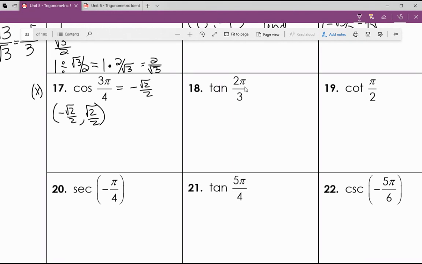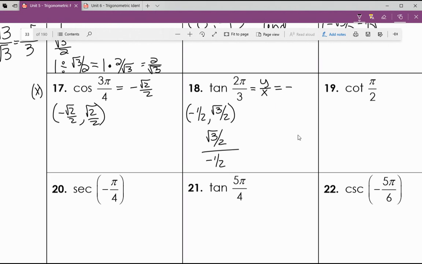So I know tangent is always the y value divided by x. And if I'm using negative 1/2 and radical 3 over 2, I'm going to put radical 3 over 2, which is y, divide that by negative 1/2. I know my outcome is going to be negative.